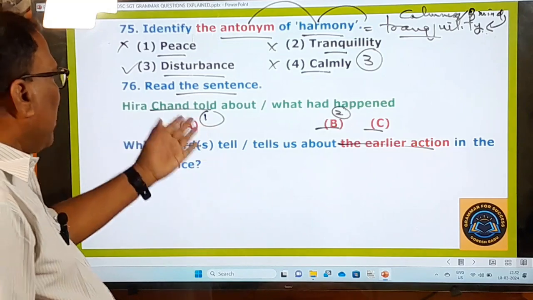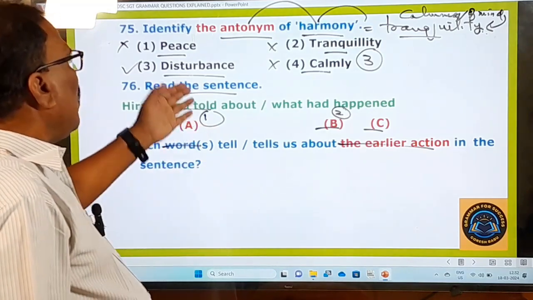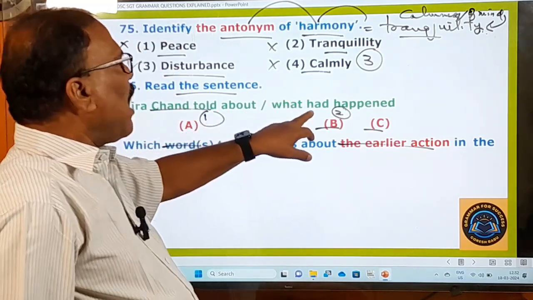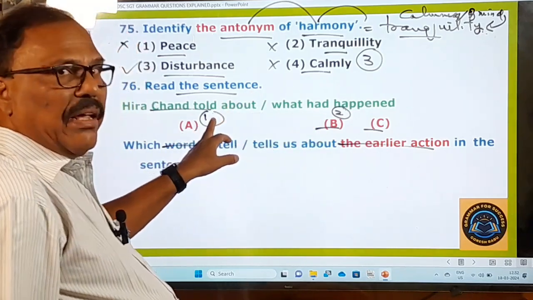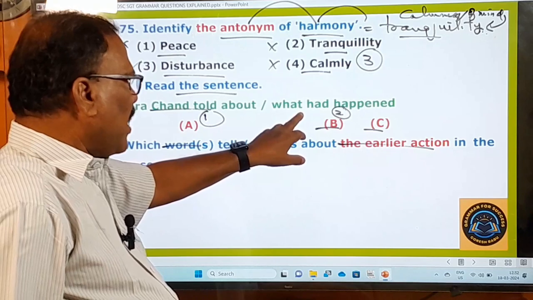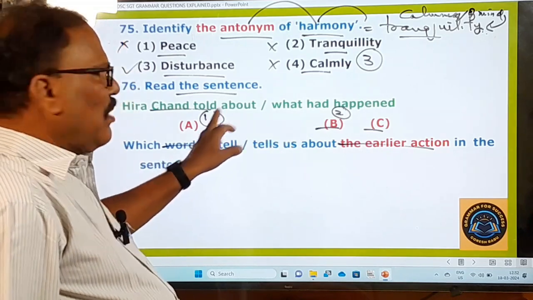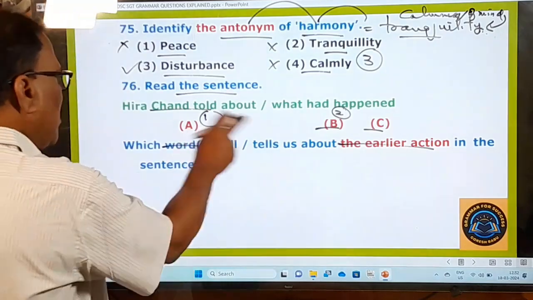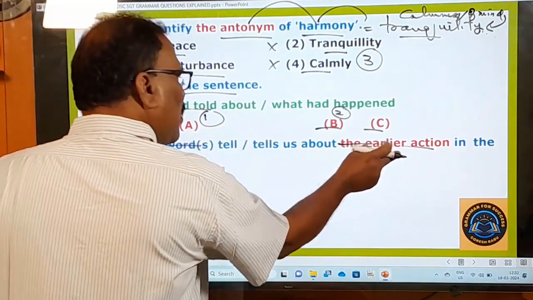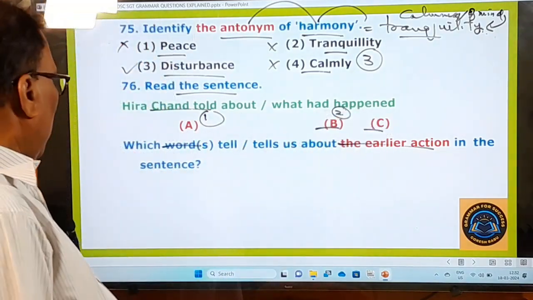If you look at this, Hira Chand told later, and this action happened earlier than this. This is the first past action, this is the second past action. This happened earlier, this happened later. So here he is asking you to indicate the earlier action in the sentence.